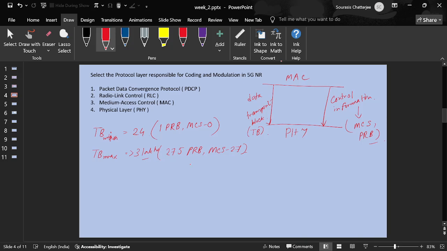So what is the immediate task of the PHY layer after receiving one transport block? CRC check. I'm talking about the transmitter side. CRC insertion, yes. Okay, CRC insertion, fine.